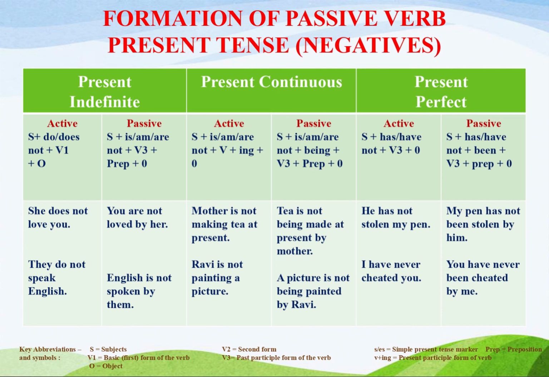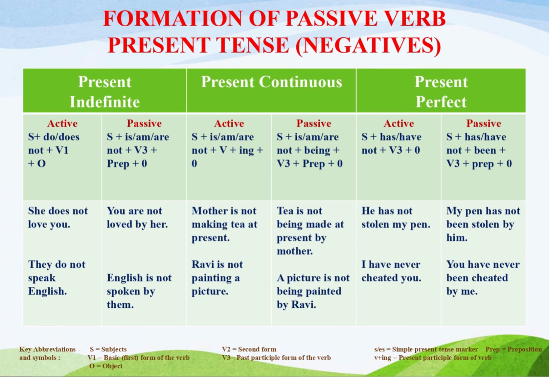For example, he has not stolen my pen. Crisscrossing the subject and object, the passive form will be my pen has not been stolen by him.